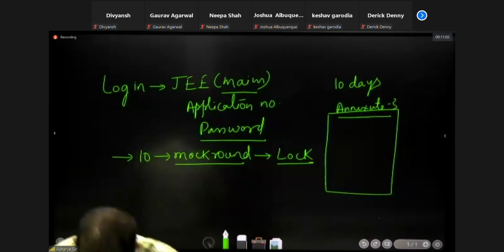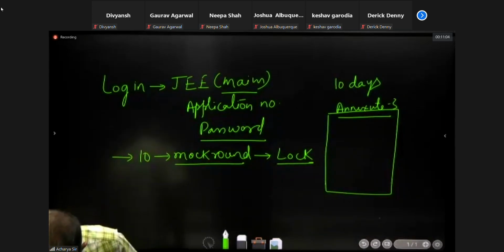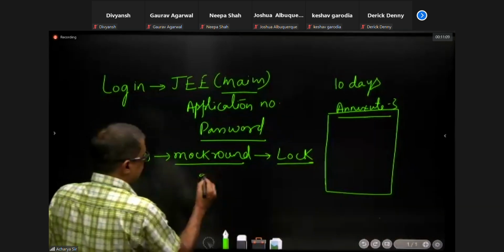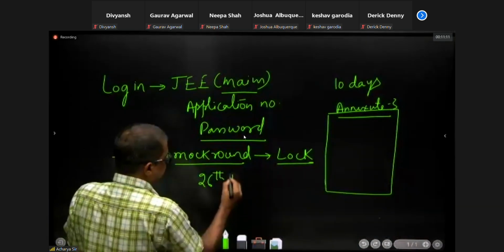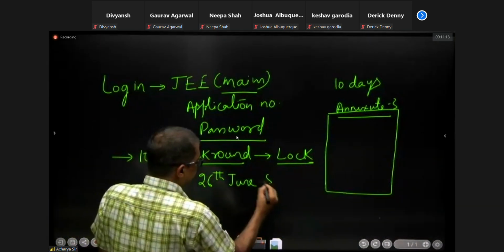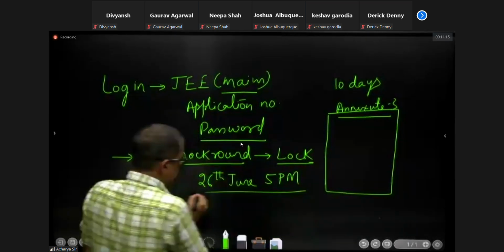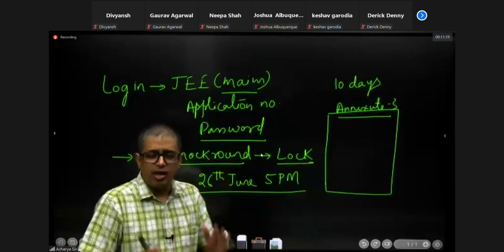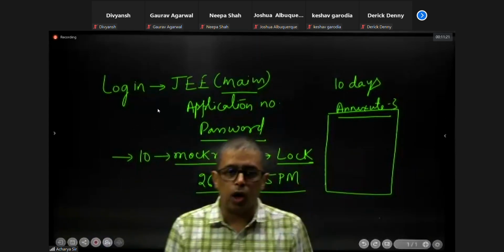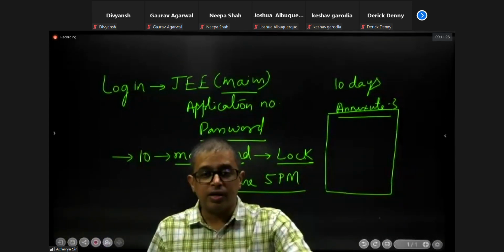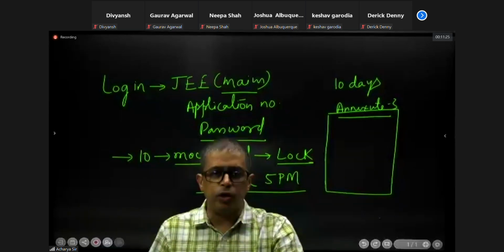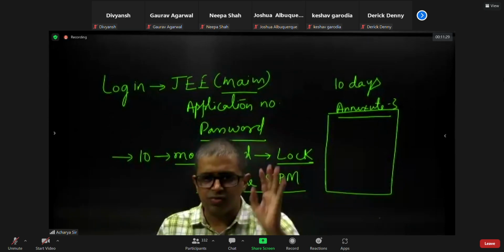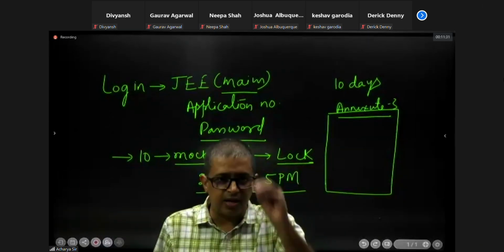Lock your choices by 27th June. 26th evening rather. 26th June by evening 5 p.m. You are supposed to lock your options by then. If you have not locked your options, whatever is filled in your brochure or the application will be considered to be your final statement.